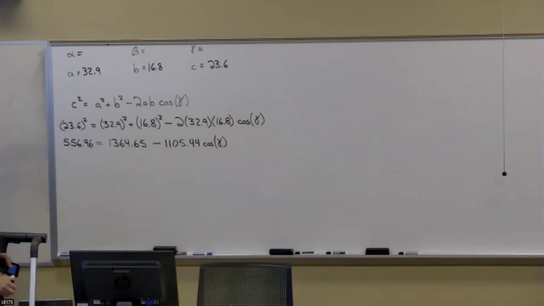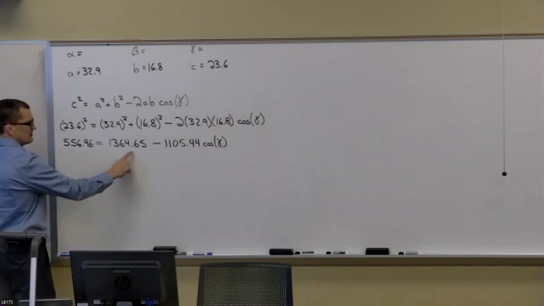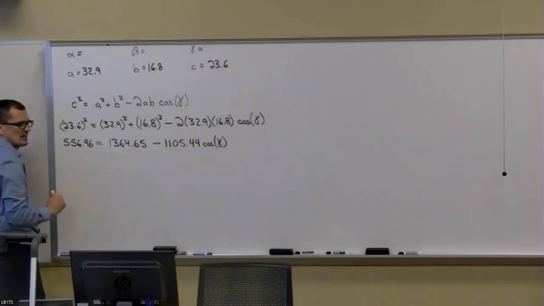And now I just have to solve for cosine of gamma. I would subtract 1364.65 from both sides.